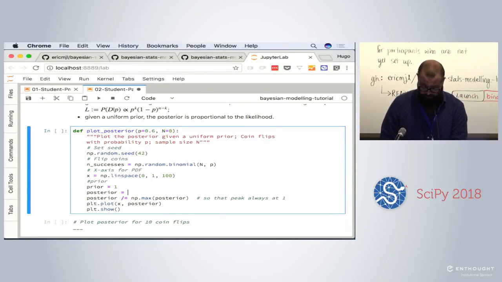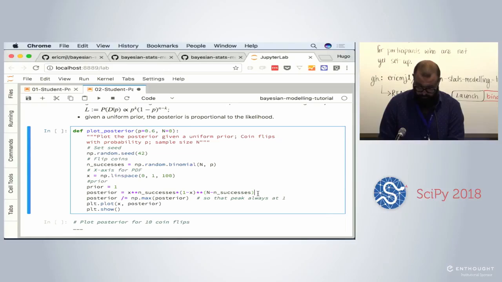And the posterior is going to be the x-axis, the probability, to the power of K, where K is the number of successes, times 1 minus the probability x to the power of capital N minus the number of successes.